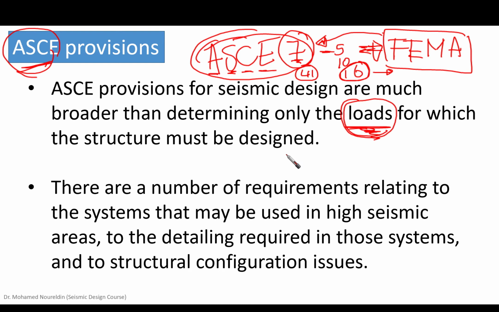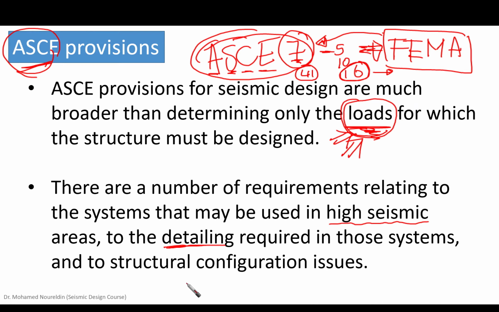So we are going to find that there are a number of issues addressed by ASCE on top of determining the loading. There are a number of requirements relating to the systems that may be used in high seismic zones. Whenever we go to high seismic zones, you are going to find that it's not only about loading. We're talking about other issues, like detailing, for example: what are the detailing requirements for those systems in high seismic zones?